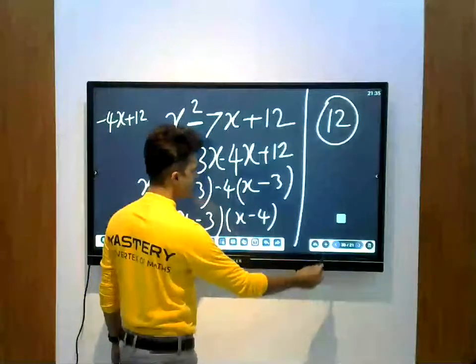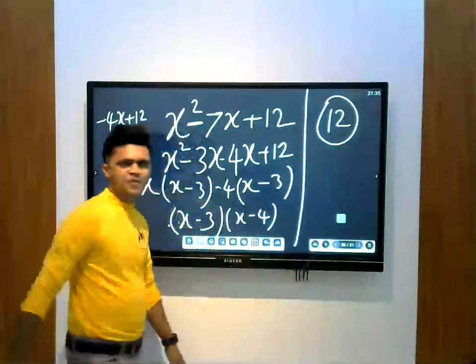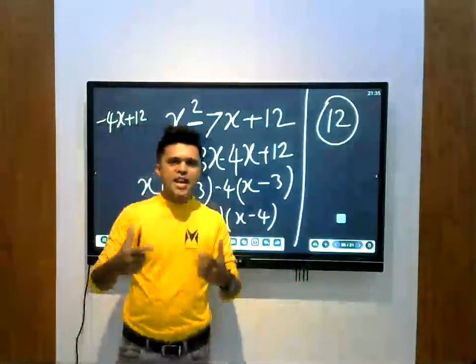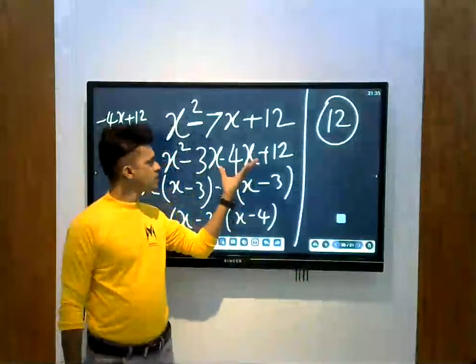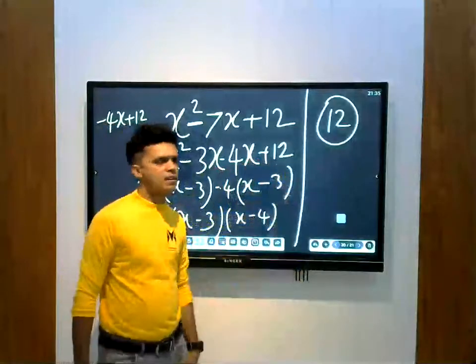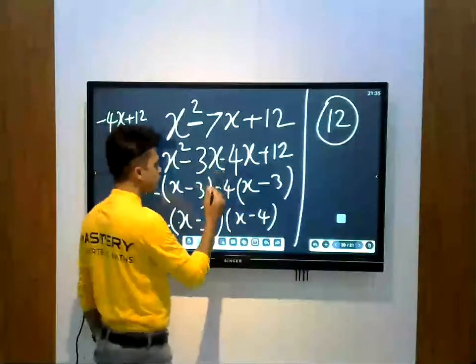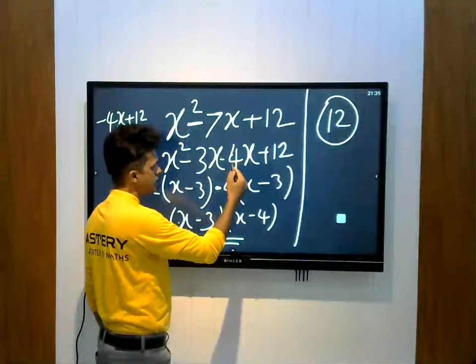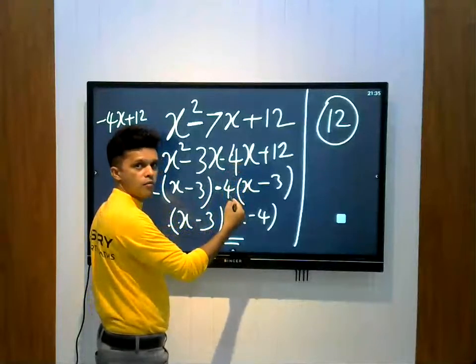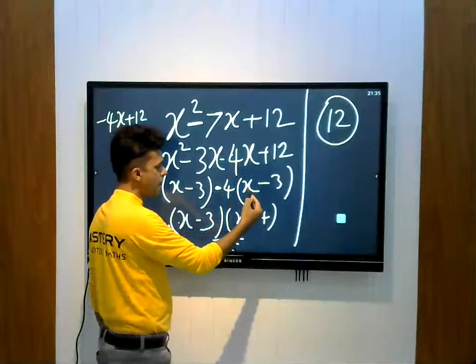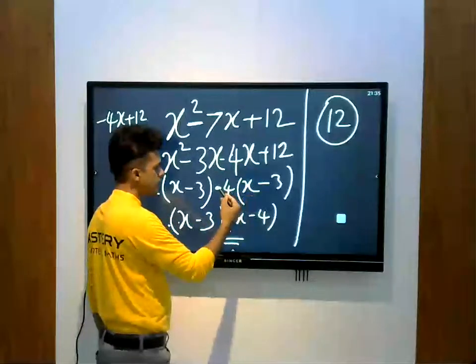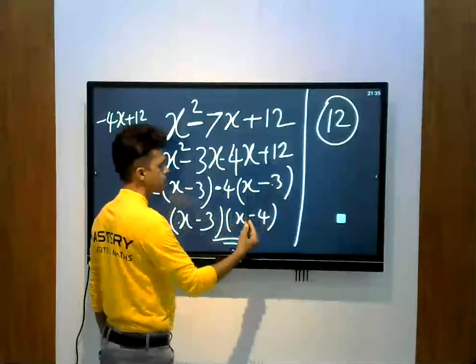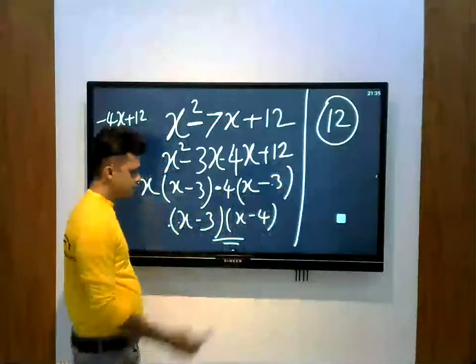We were doing this sum. I wanted to give you an idea about this way of simplifying. When you take minus 4 as the common factor, the remaining term is x, then minus into plus is minus. 12 over 4 is 3.